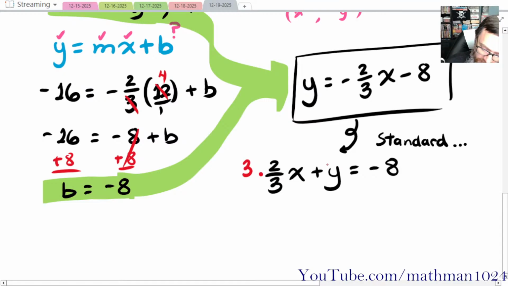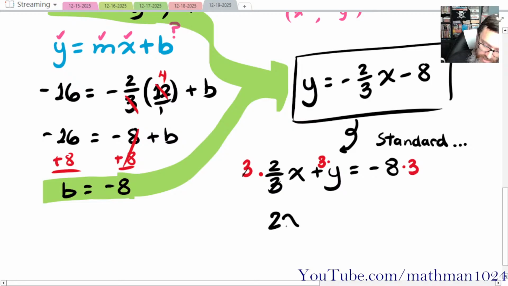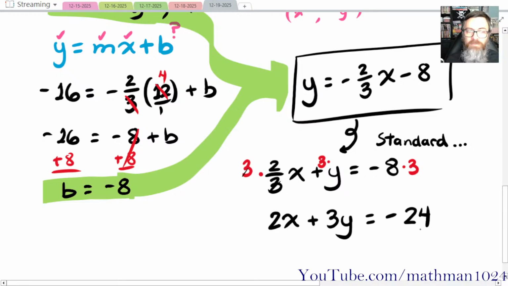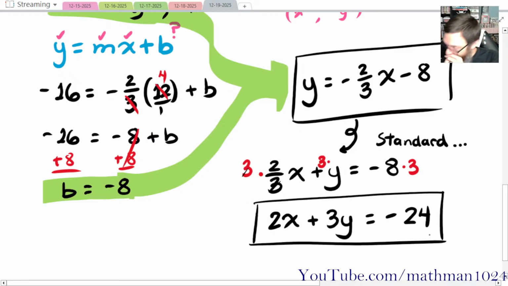So multiply everything here times 3. And when we do that, those guys reduce. We have 2x plus 3y equals negative 24. So this would be our answer in standard form.